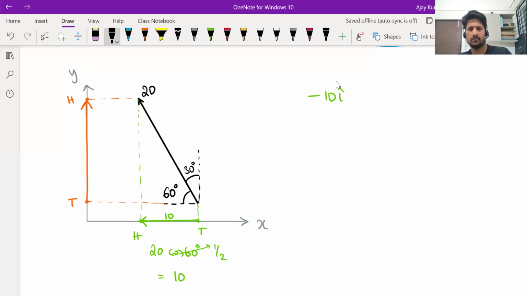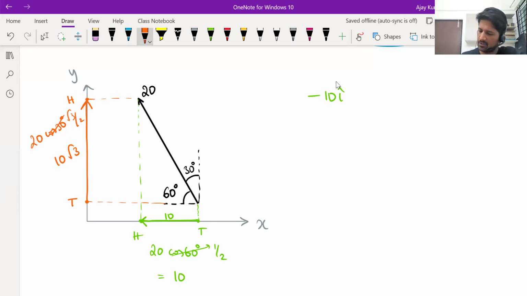20 sin 30. Sorry, sin 60. You can say 20 sin 60, nothing wrong. But we know the angle made with the y-axis, so you can directly say 20 cos 30. Cos 30 degrees is root 3 by 2. 20 by 2 is 10 into root 3 becomes 10 root 3.